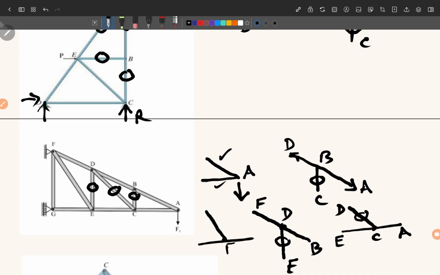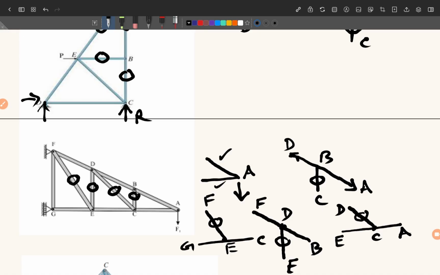This is E, this is C, this is G, and this is F. We apply the same rule that there are three forces, two in the same straight line, therefore apply rule number 2. The third force will be 0, there is no external force, no support reaction. So we get this EF also equal to 0. Okay, now let us check what are the other situations.